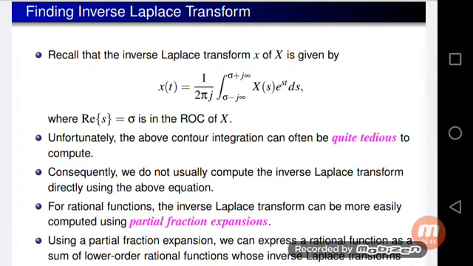Recall that the inverse Laplace transform x of t is given by 1 by 2 pi j times the integral from sigma minus j infinity to sigma plus j infinity of X of s e power st ds, where real part of s is equal to sigma, within the ROC of X.